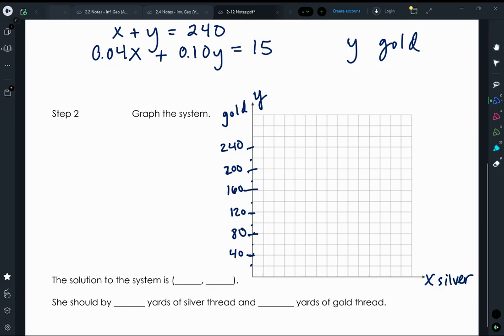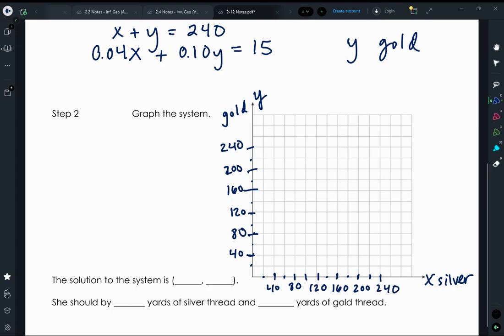It's yards of gold thread, yards of silver thread. So let's go ahead and label here 20, 40, 60, 80, 100, 120, 140, 160, 180, 200, 220, 240.